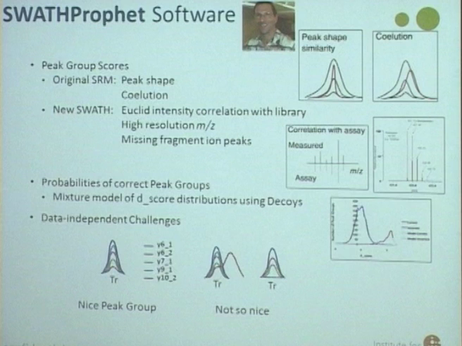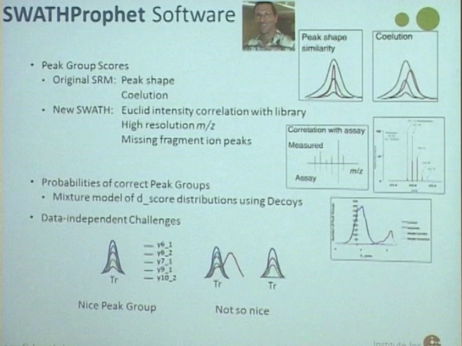But we've placed in there things like intensity correlations, utilizing the high resolution, and also trying to understand missing fragment ion peaks in these chromatograms. And then we can create probabilities using mixed model scores that we get using our decoys, and provide a separation between false positives and true positives, and ultimately end up with peak groups that we can understand.